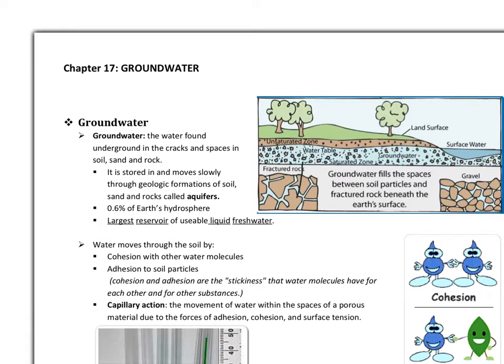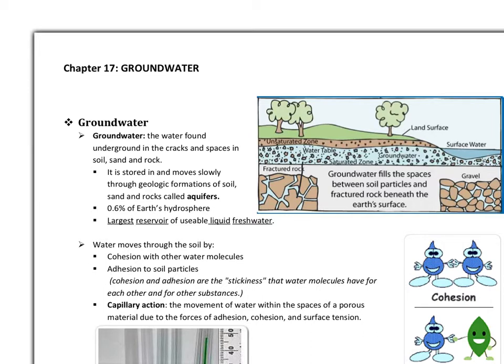Remember that the largest reservoir of freshwater is glaciers, which we'll get into in the next chapter. But groundwater makes up a considerable amount of Earth's hydrosphere at 0.6%, and that's pretty substantial when you look at the amount of fresh water that's actually available.